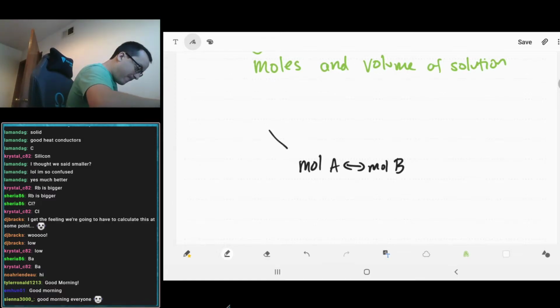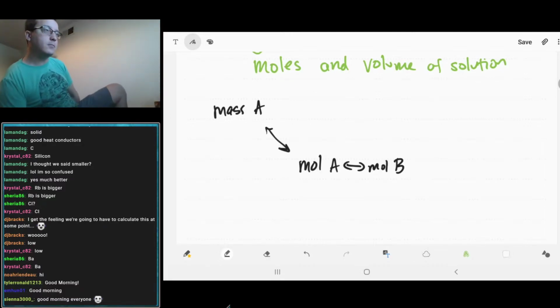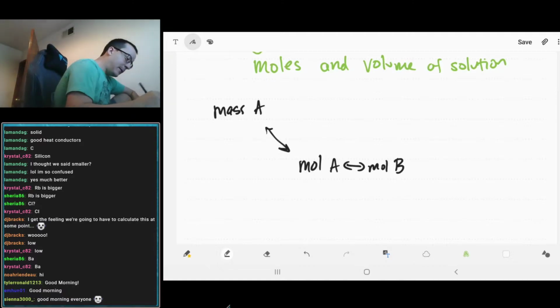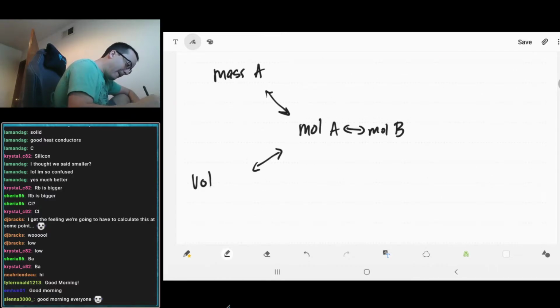So we know that we could go from the mass of substance A to moles, but now we have an additional one.